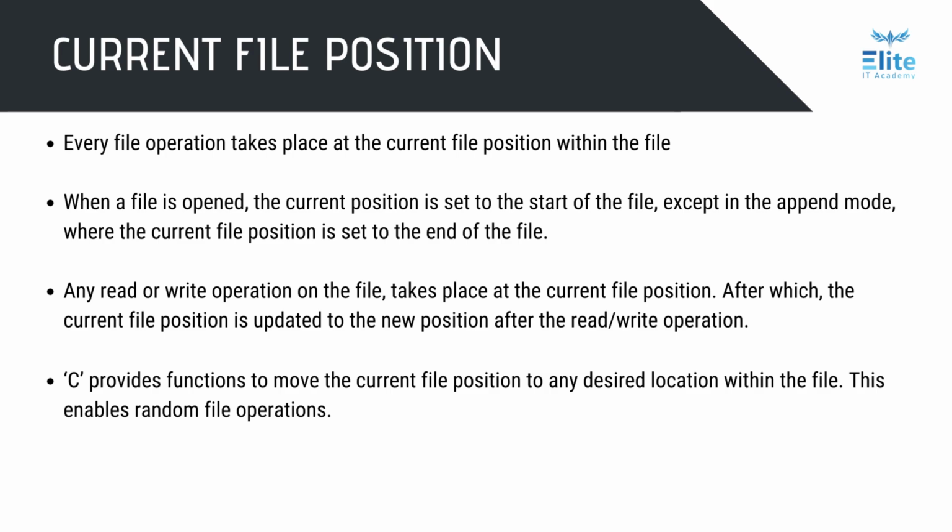If you read a block of 10 bytes, then 10 bytes of data is read starting from the current position, and at the end of the operation, the current position value is incremented by 10. The C library contains functions that will allow you to read or move the current position pointer, enabling random reads and writes on the file stream.